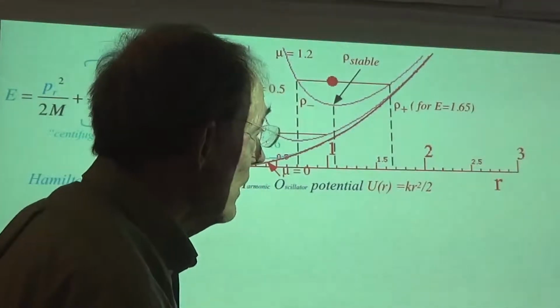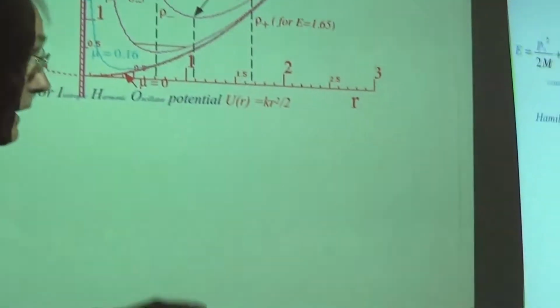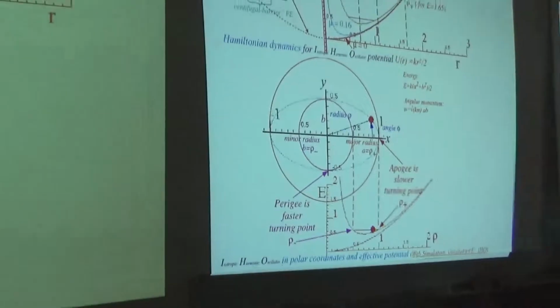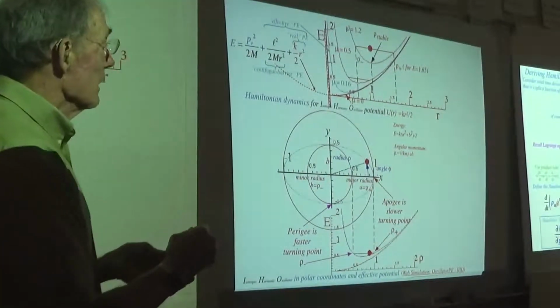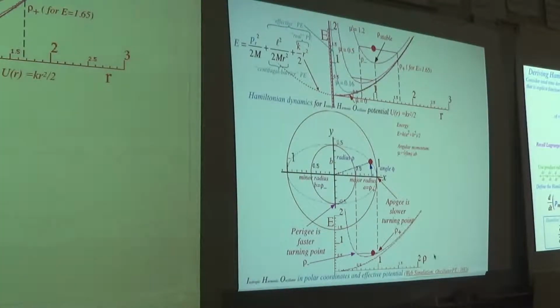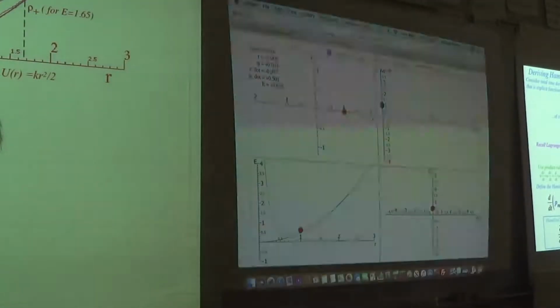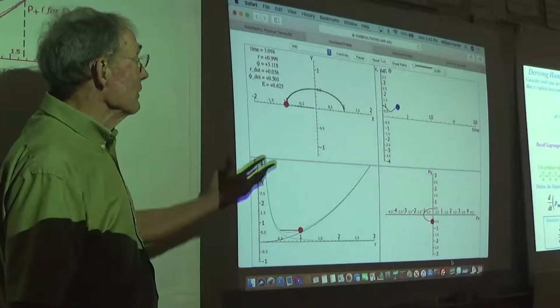Okay, so that's what I'd like to show in the simulation here of an isotropic harmonic oscillator doing its thing. So I'm going to click on this, oscillator potential PE, IHO, which should give us a pretty good picture of what we've already done very easily.